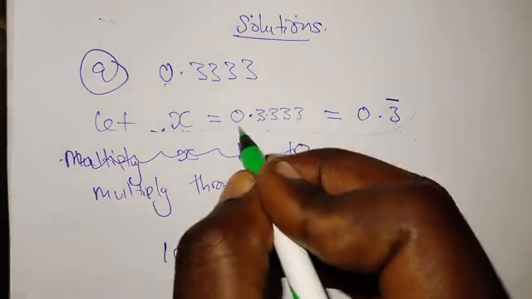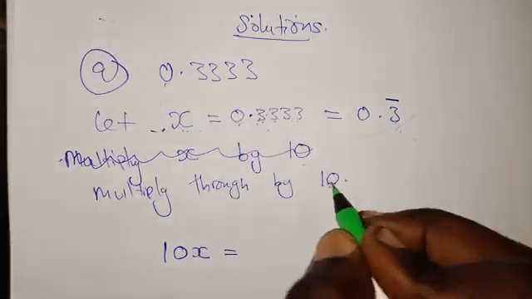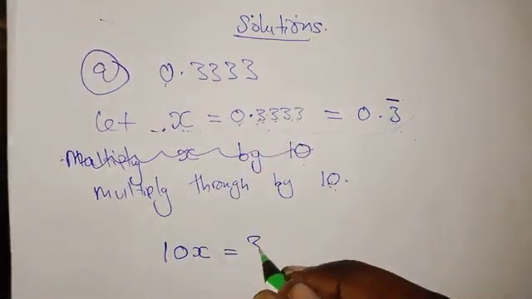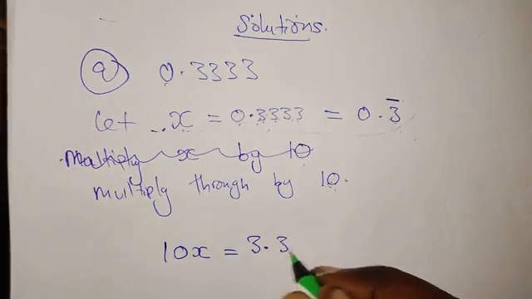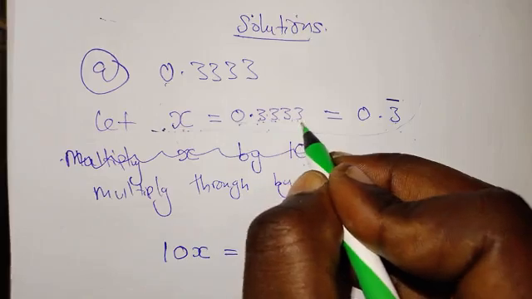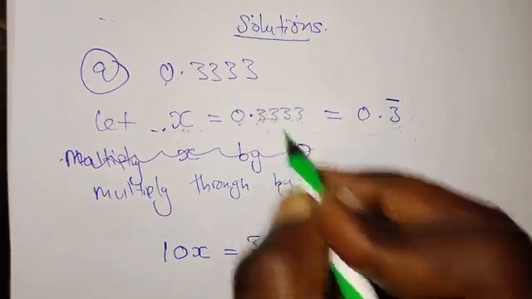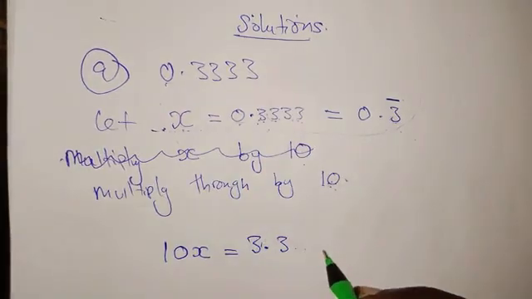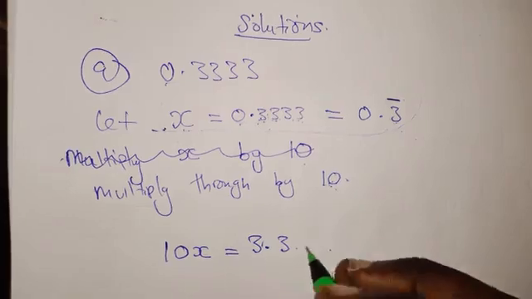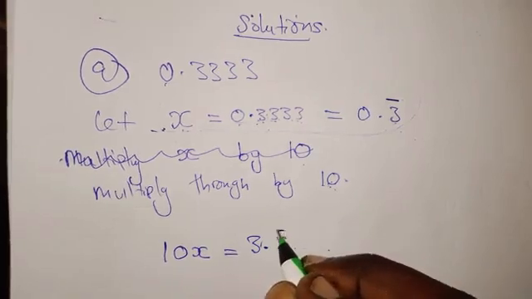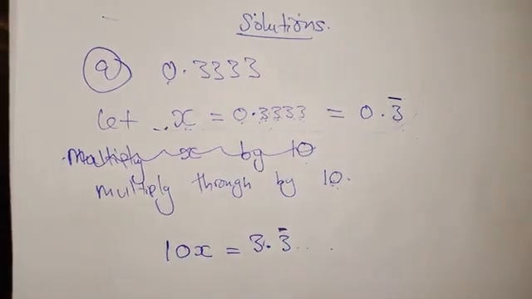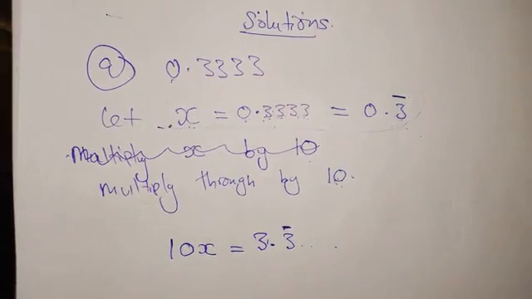So we're simply saying 0.333 multiplied by 10, we're going to have 3.333. Remember, these 3's are repeated. So if this point moves here, boom, I'm going to have 3.333. But to indicate that these 3's are repeated, I'm just going to put a bar on top here. So now, what do I have in this case?